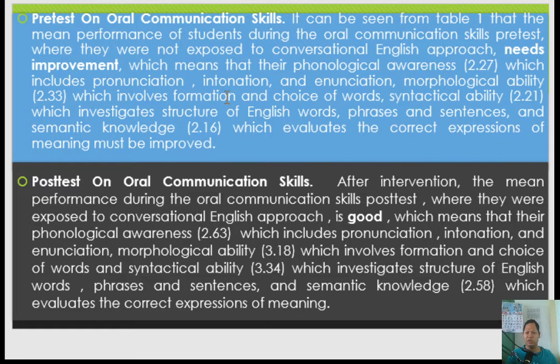So this is the textual way of presenting your result.